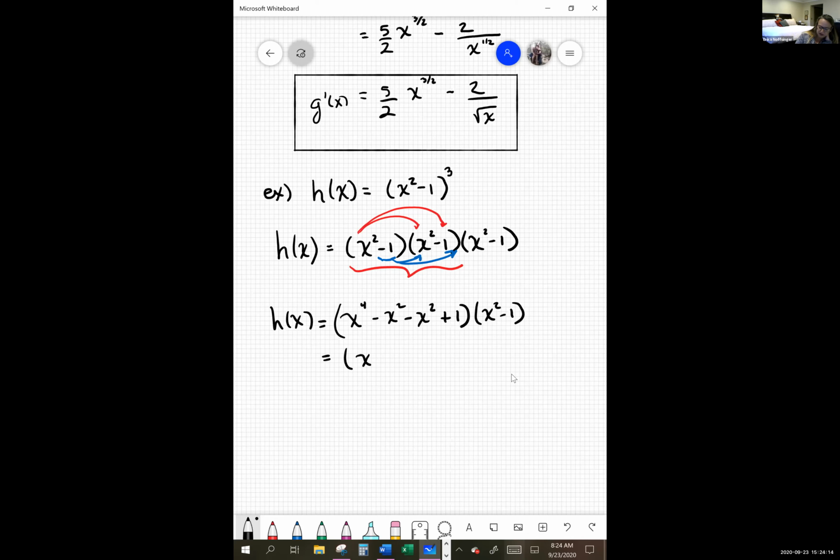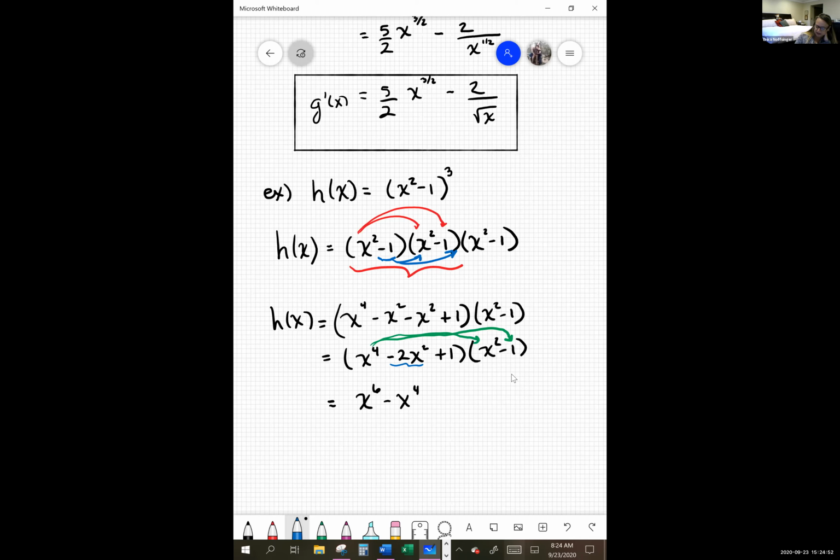So let's just combine like terms before we distribute again. So we have x to the fourth. We have a negative x squared minus an x squared is minus 2x squared plus 1, all times x squared minus 1. So we got to distribute each term in the first parentheses to each term in the second parentheses. So x to the fourth times x squared. Rule is same base, add your exponents. So this is x to the sixth. X to the fourth times negative 1 is negative x to the fourth.